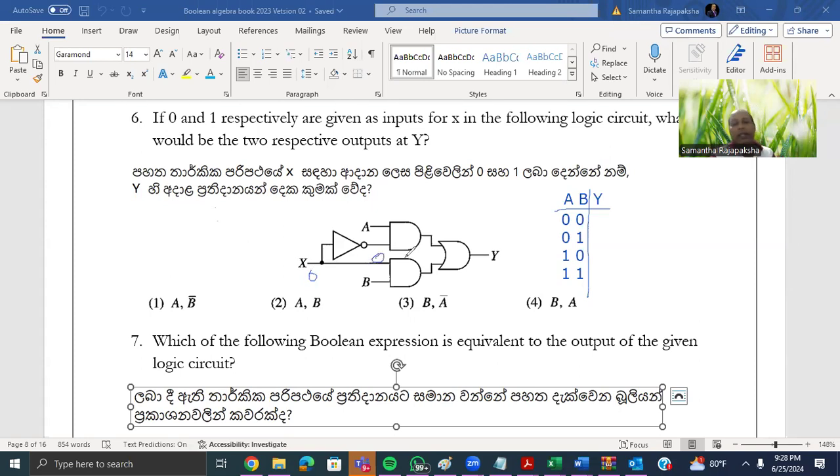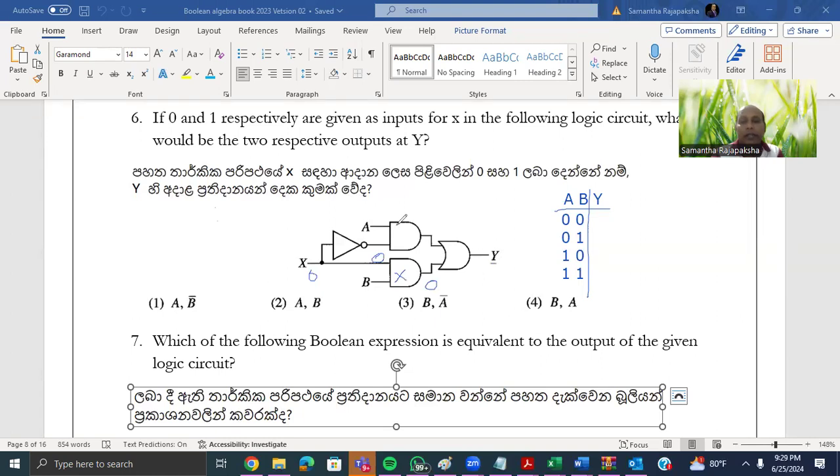We know that the AND gate is a multiplication. Then it doesn't matter what the value of B is. When this other input is 0, 0 times something is 0. Therefore, Y does not depend on B. Whatever the value of B, when you multiply by 0, the answer will be 0.